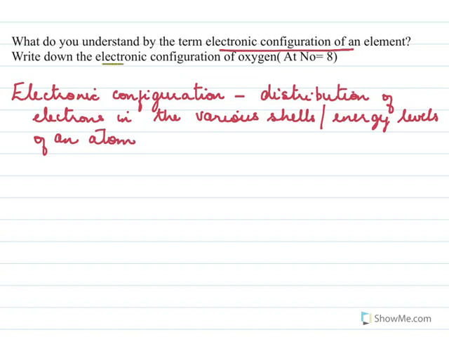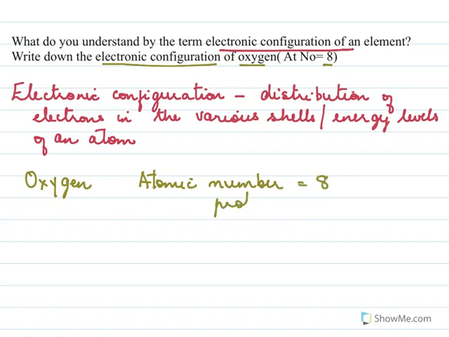Next they say give the electronic configuration of oxygen, atomic number 8. So we have oxygen, atomic number 8 means protons 8, and protons are equal to electrons, so electrons also 8. Let us distribute them.